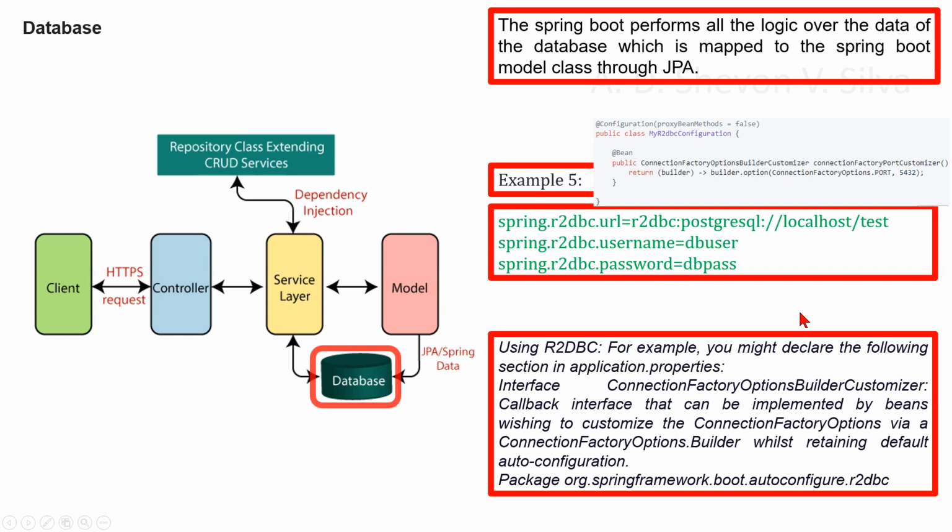To customize the connection created by the ConnectionFactory, that is, to set specific parameters you do not want to or cannot configure in your central database configuration, you can use a ConnectionFactoryOptionsBuilderCustomizer @Bean. The following example shows how to manually override the database port while the rest of the options are taken from the application configuration.